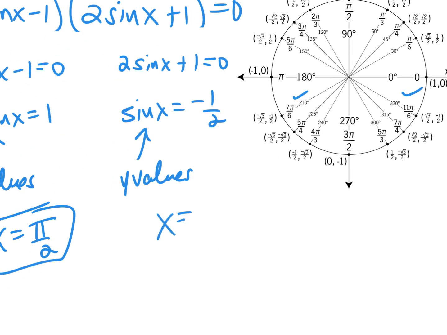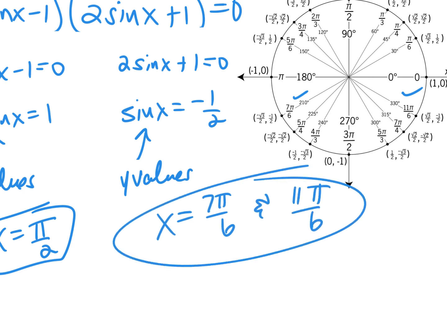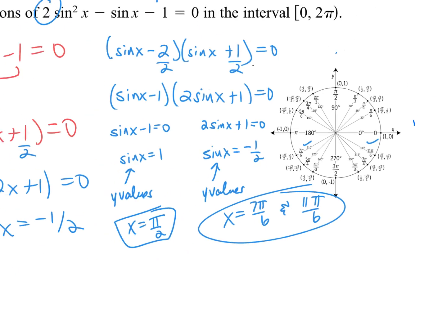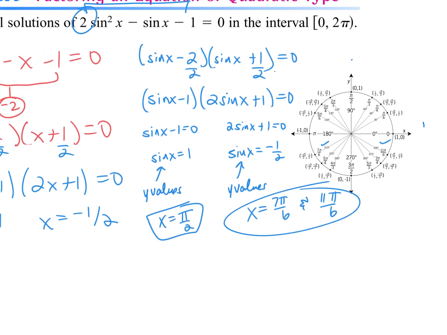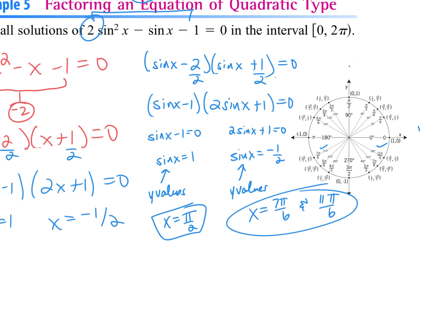Perfect. So x equals 7 pi over 6 and 11 pi over 6. Very good. And all of these are correct? We don't have to do checks or anything? Nope. As long as your algebra's right, you're good.